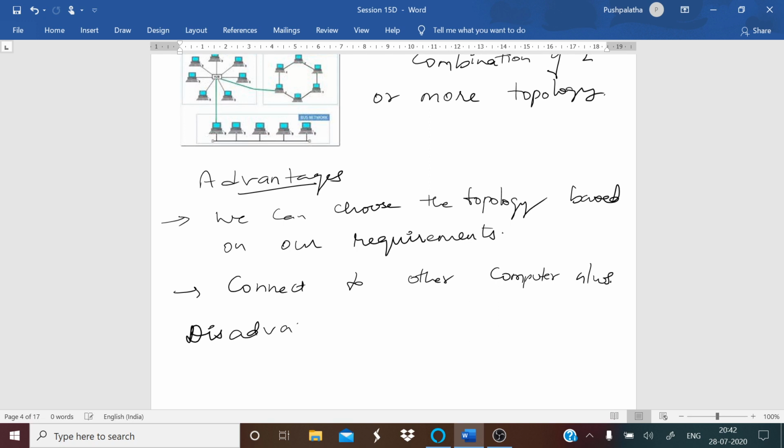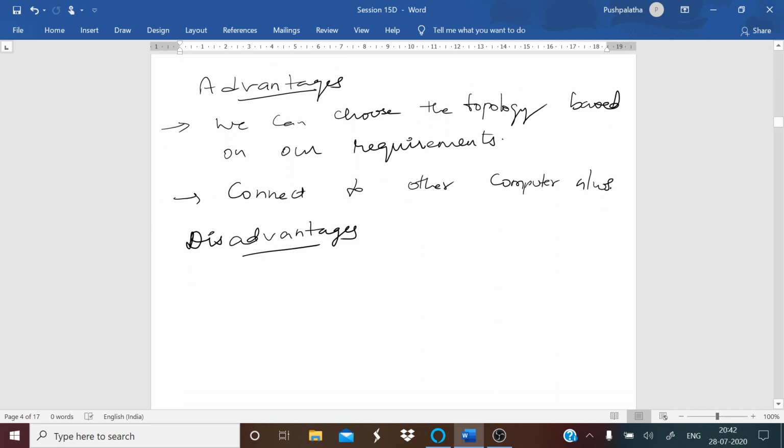Now there will be disadvantages also. So what are those disadvantages? Fault detection is difficult. Finding the errors is difficult, and installation is difficult, because there is a combination of more than one type of topology.